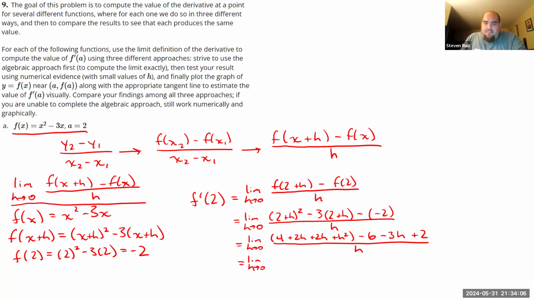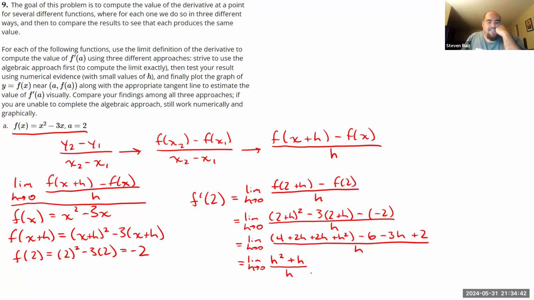I only have one h squared term, so h squared. What about all my h terms? I have 2h plus 2h minus 3h, so 4h minus 3h, so h squared plus h. What about all my constants? I have 4 minus 6 plus 2, which just comes out to be 0. So I have h squared plus h all over h.